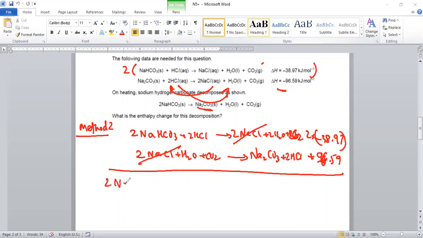So the overall equation will be like this. 2HCl and 2HCl cancel. 2 water on the product side, 1 water on the reactant side, so 1 water will be left. 2 carbon dioxide on the product side, 1 carbon dioxide on the reactant side, so 1 is left on the product side.